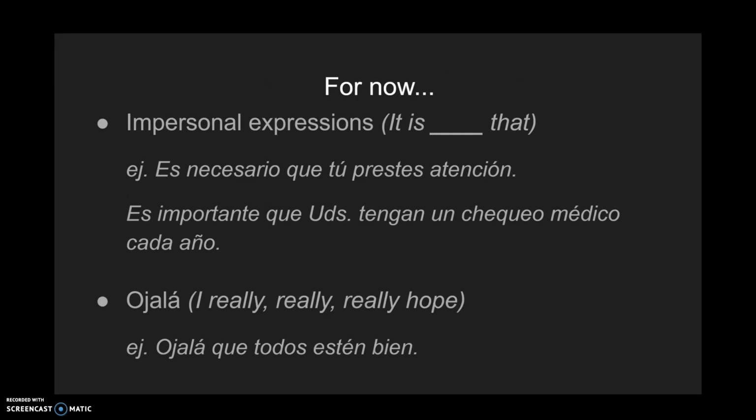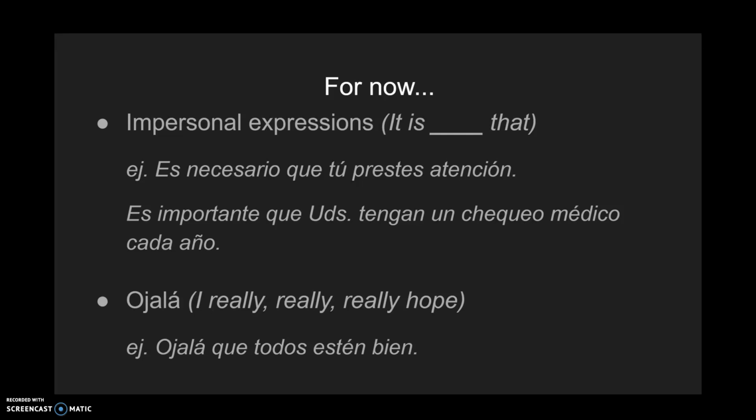So, impersonal expressions. If you take a look at página 5 of the note packet, before you write down these examples here, you need to be aware that if you see one of the expressions that's listed in the first clause, before the que, one of these expressions at the first part of a sentence, you need to use the subjunctive in the second clause.